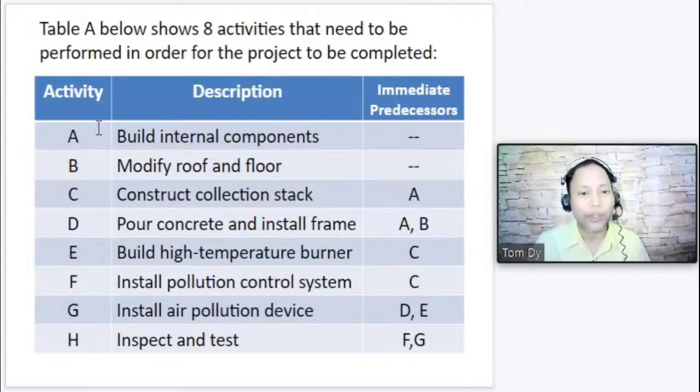Now take note that for activity A, there are no immediate predecessors. For activity B, again, there are no immediate predecessors.